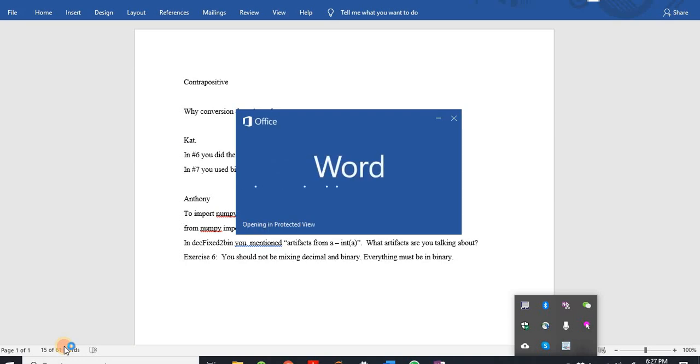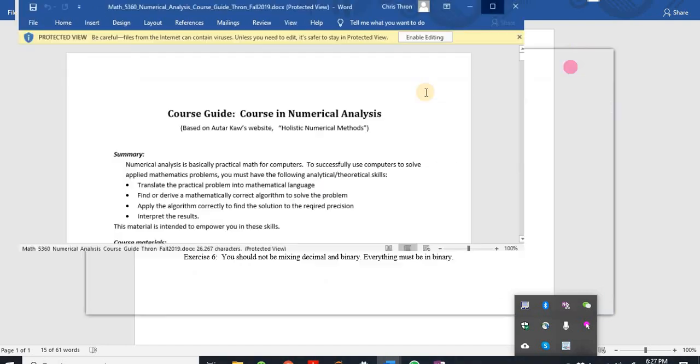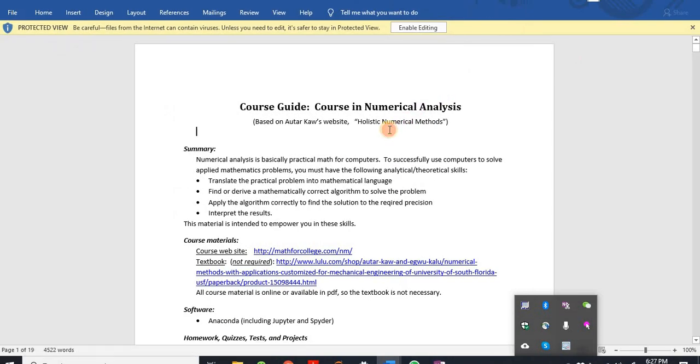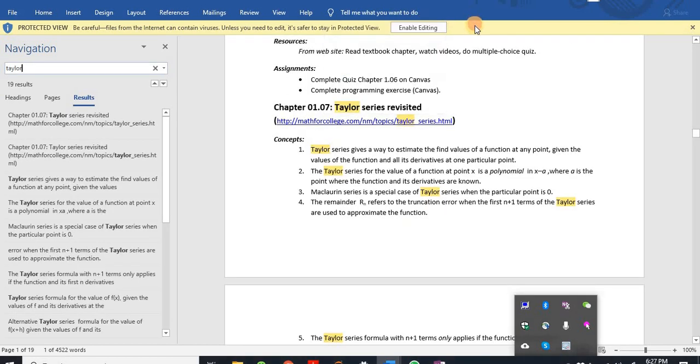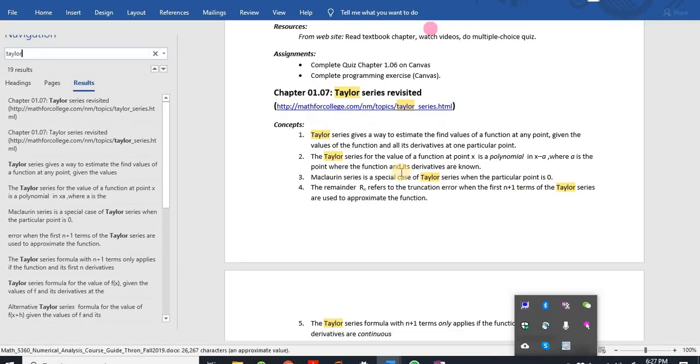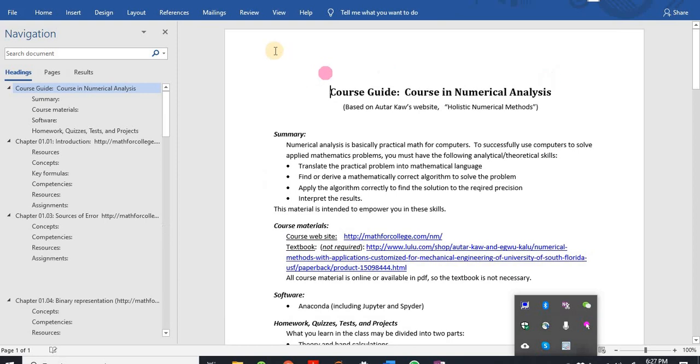If I look for Taylor, I'll just enable editing here. I think it's good, after you've gone through the material, to look here and see what you're expected to know.